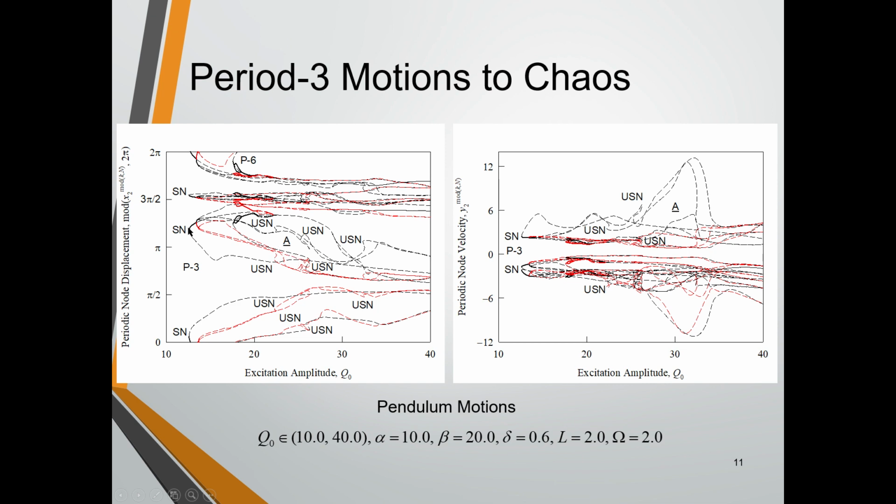And then as the stable period 3 motion goes to the right, here we encounter another saddle node bifurcation, where it gives us a pair of asymmetric period 3 motions, and then we have period doubling bifurcation introducing period 6 motions, and so on.